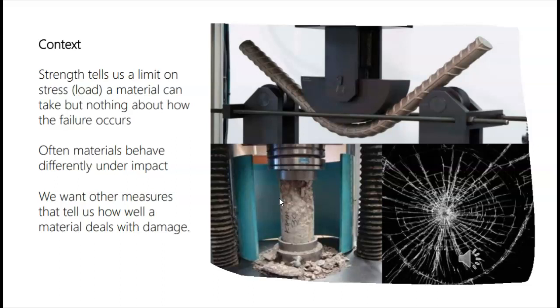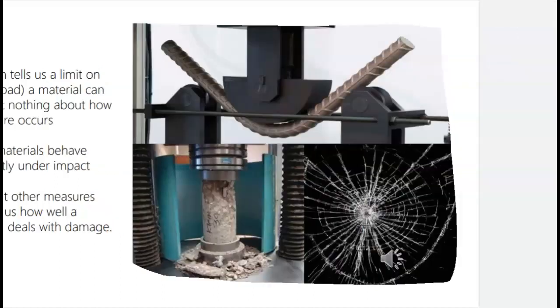Materials act stronger in compression as compared to tension. In bending, it depends on how much force you have applied to bend the material. Then there is another thing called the toughness of the material, the energy absorbed by the material until it fails. We'll talk about that one.